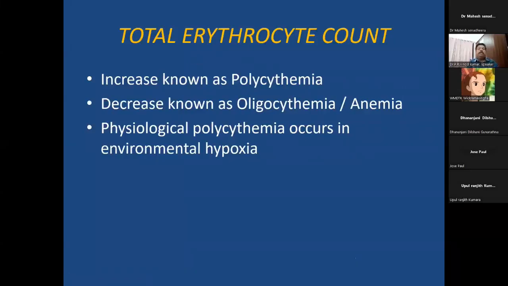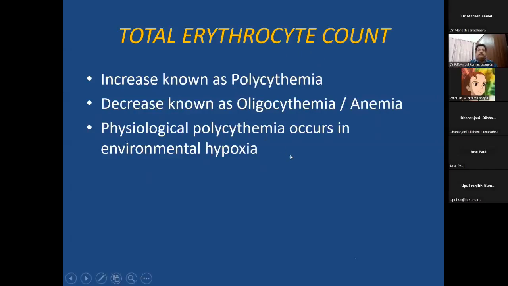When you take the hematological values, the total erythrocyte count is very important. So we count the erythrocytes. When we were studying in the veterinary college, we were taught how to count the erythrocytes in the blood smear, with the counting chamber, etc. And nowadays we have an auto hemoanalyzer.